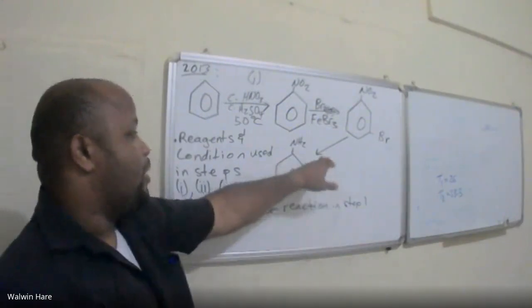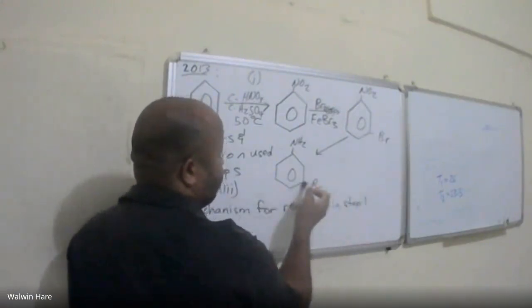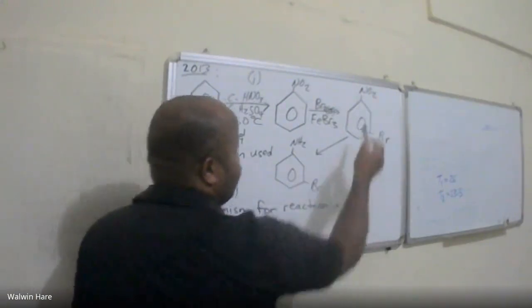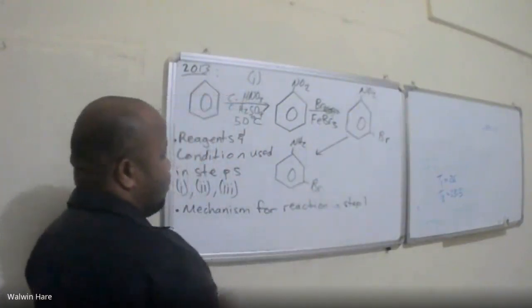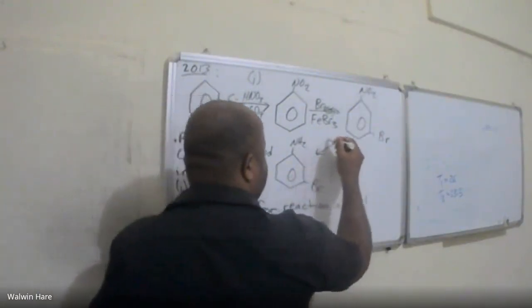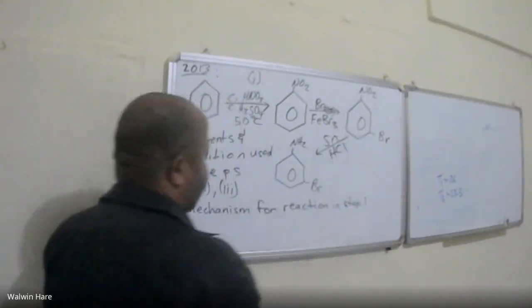And for step three, the bromine is still there in both of the structures, but what has changed is the NO2 group to the NH2 group. So that is reduction. And so we use tin and HCl.